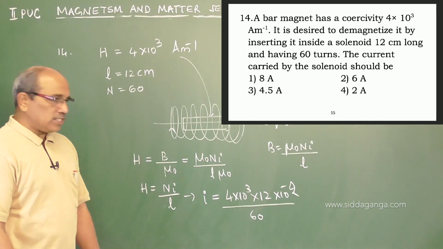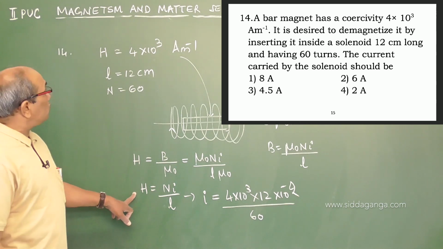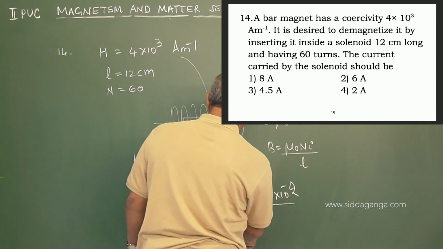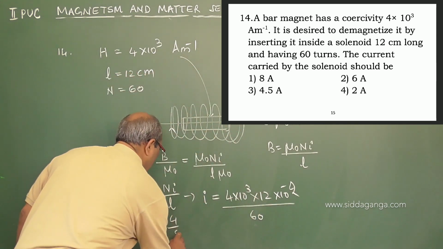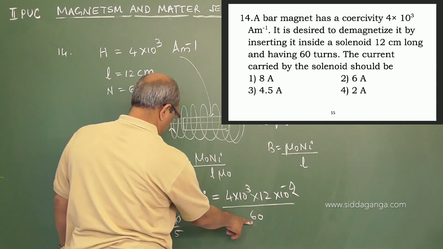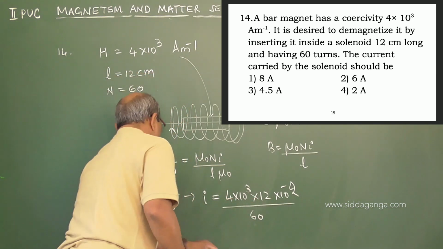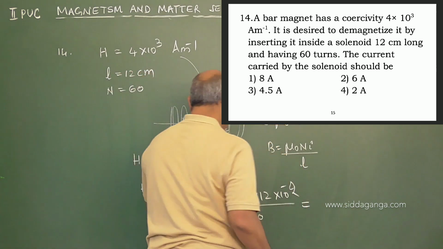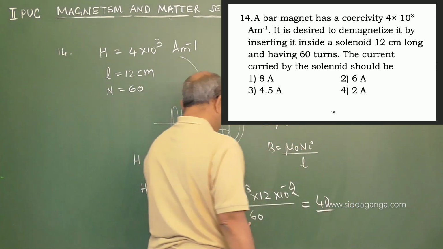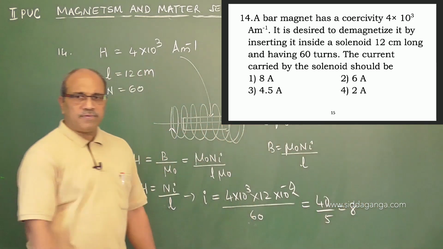So cancelling it, Ni by L, H is 4 into 10 power 3, L is 12 into 10 power minus 2, divided by 60. This becomes 4 by 5, or 40 by 5, which is 8 ampere.